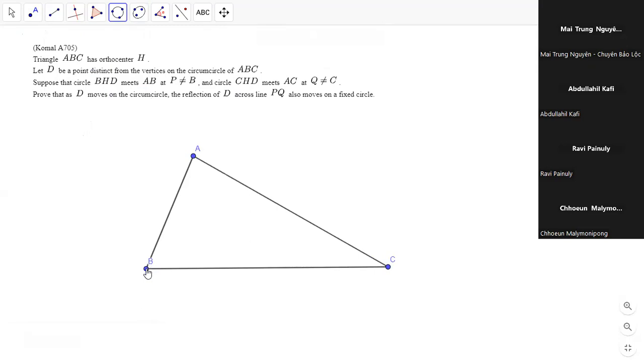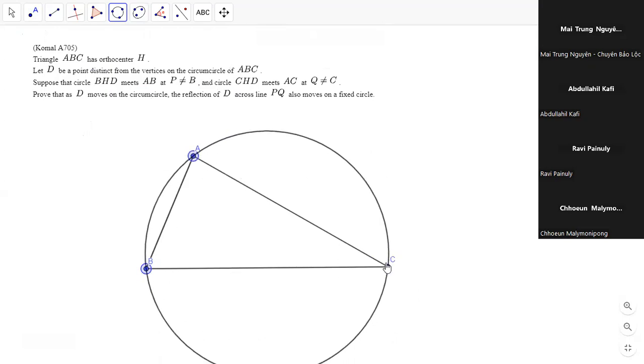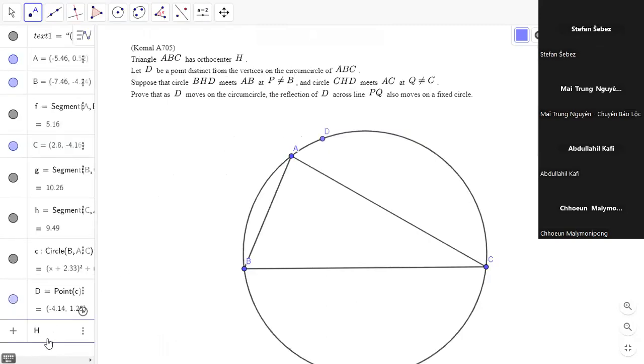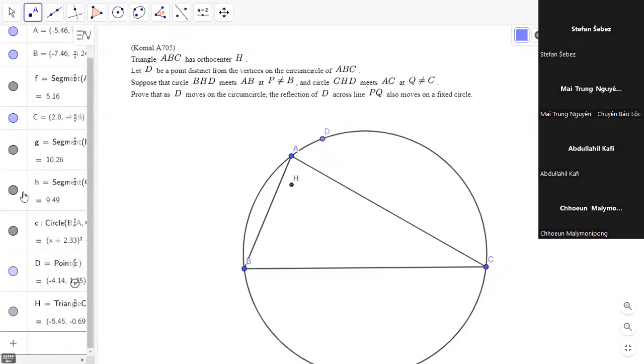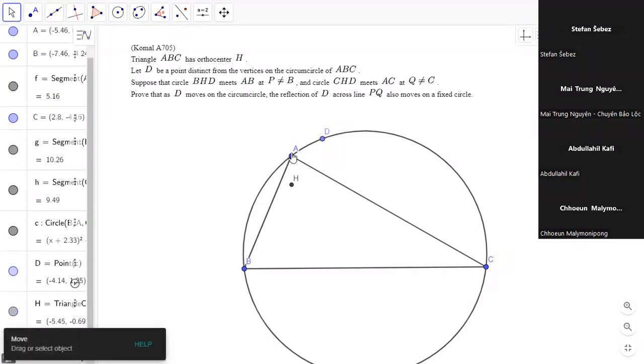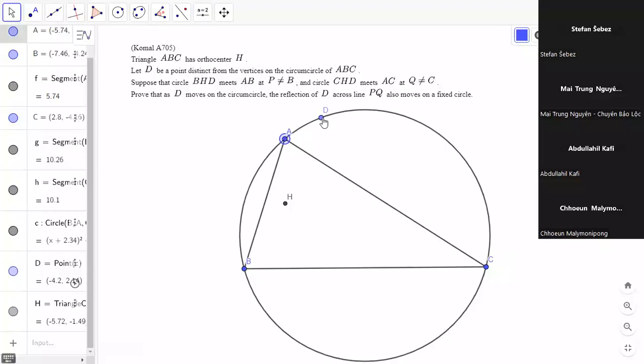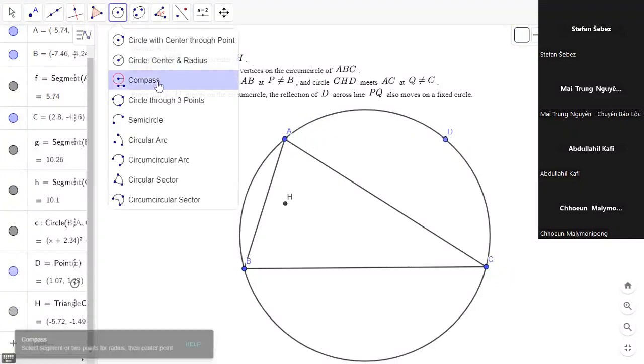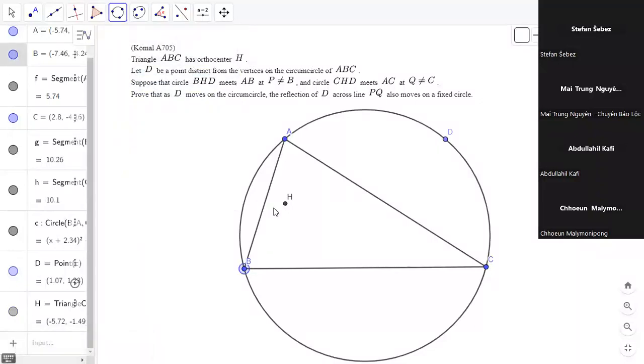Okay, so this is D, and it's H. Then we draw the circle BHD and CHD. That's interesting.